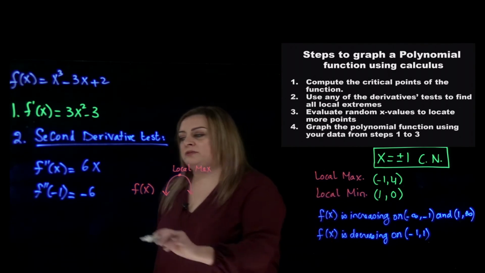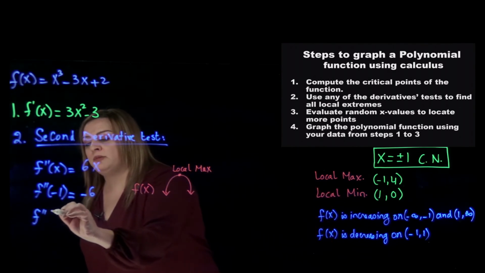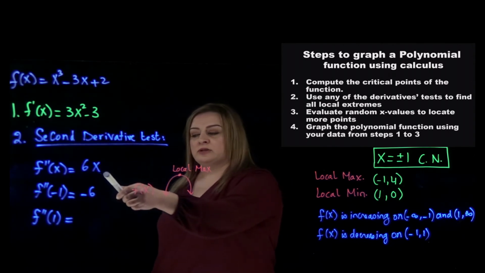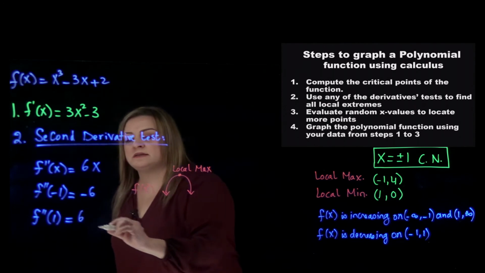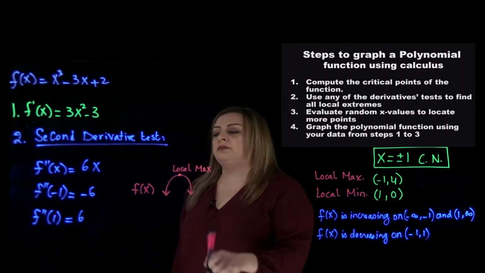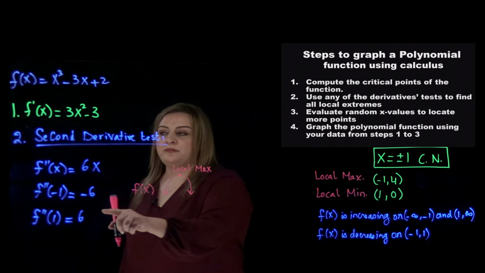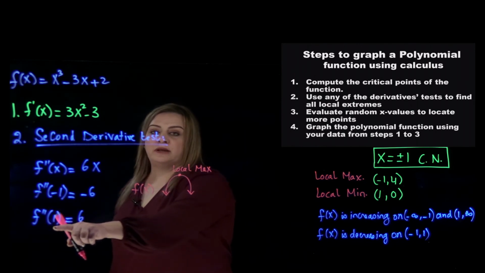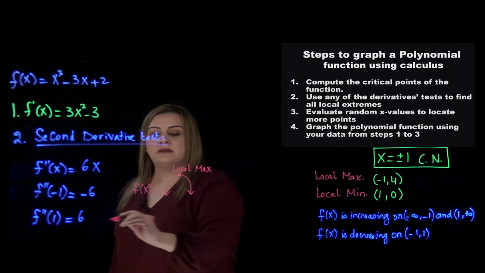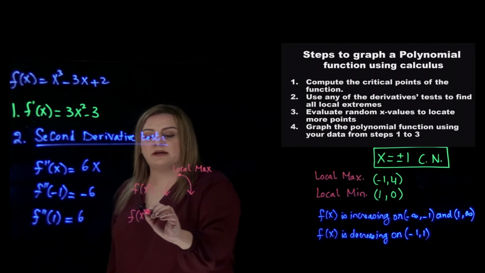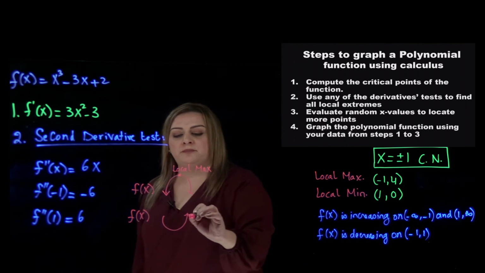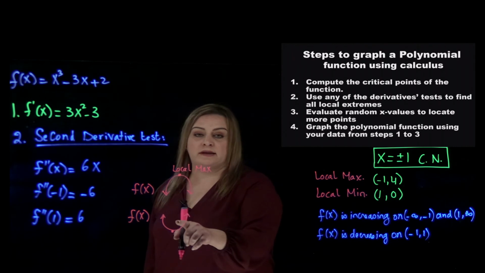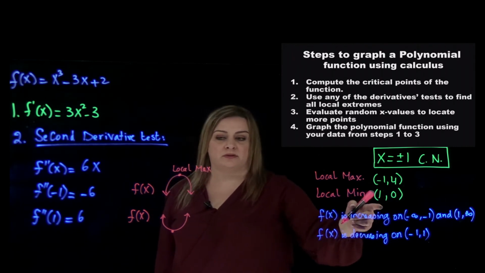Now I have to evaluate f double prime of 1. If I let x equal 1, then I will have a positive 6. And my second derivative test says if f double prime of the critical number is positive, then my original function f of x is concave up, and I have a local min at that critical point, which is (1, 0).